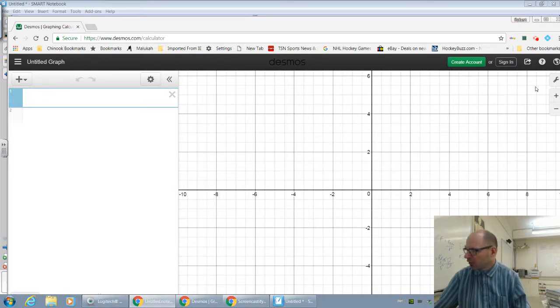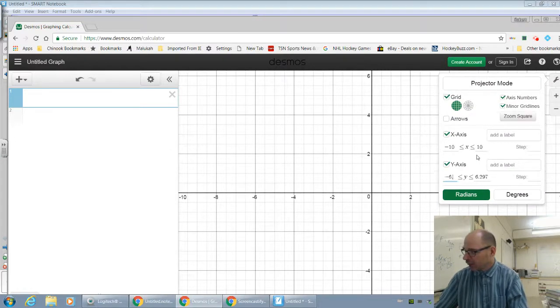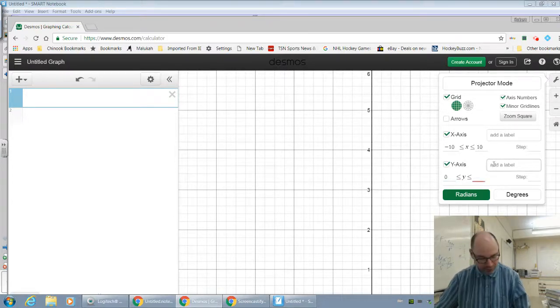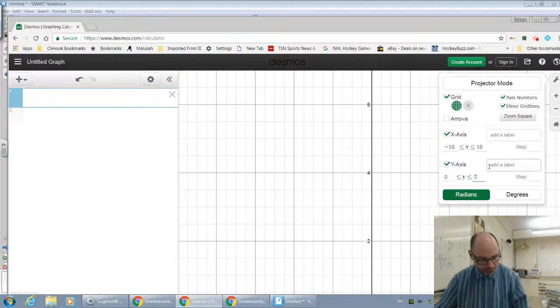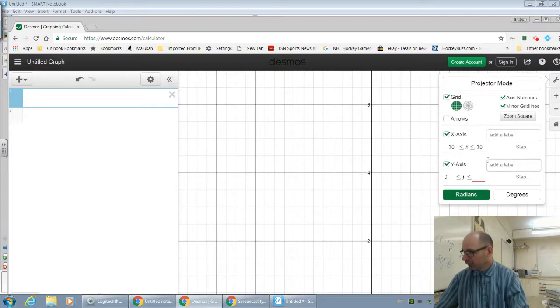Okay, so let's set our window up. So let's go here to the wrench, and let's change this window. For our x-axis, we'll just go from 0 to 720. That's two periods, or two circles. And then here we'll go from, oh, that's the y-axis. I don't want the y-axis like that. Let's go from -4 to +4.